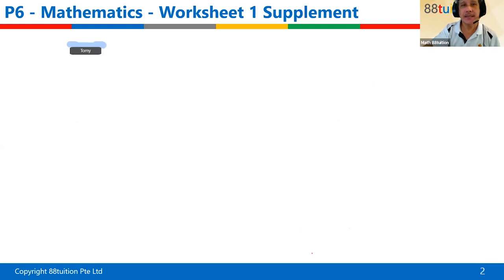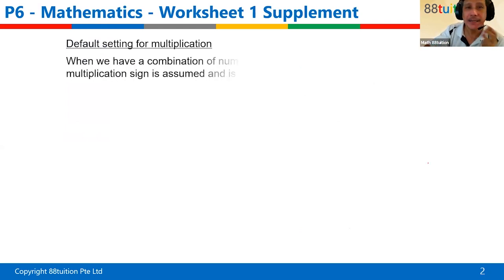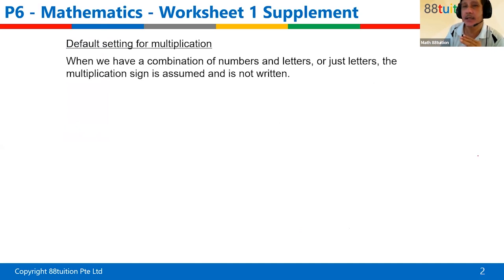Okay, now let's look at something else. We look at the default setting for multiplication. When we have a combination of numbers as well as letters, or just letters, then the multiplication sign is actually assumed and it is not written. You must know, we do not write the multiplication sign.